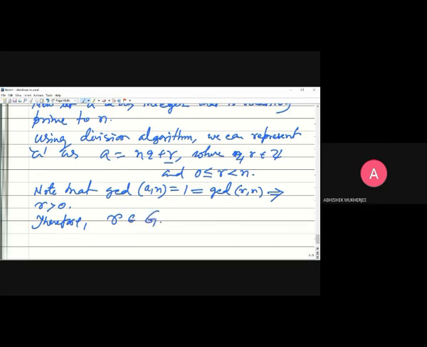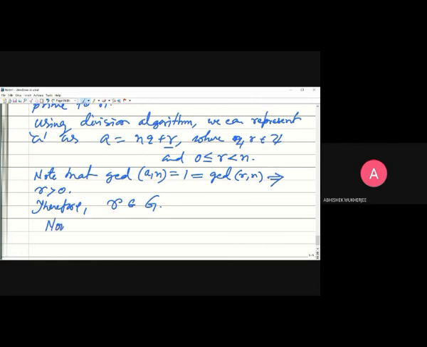Now, what is a to the power phi n? It is (nq plus r) to the power phi n.